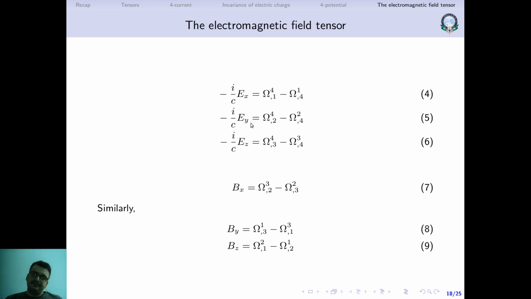So we have three electric field components and three magnetic field components. These three and these three will give us a total of 6 components.